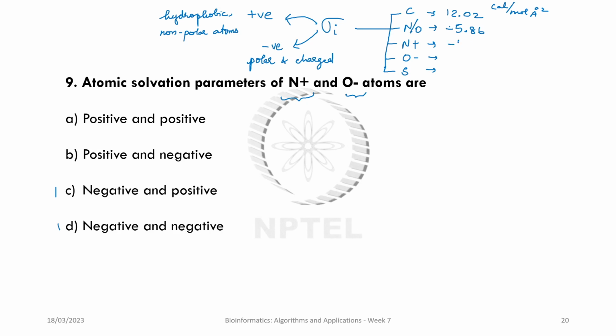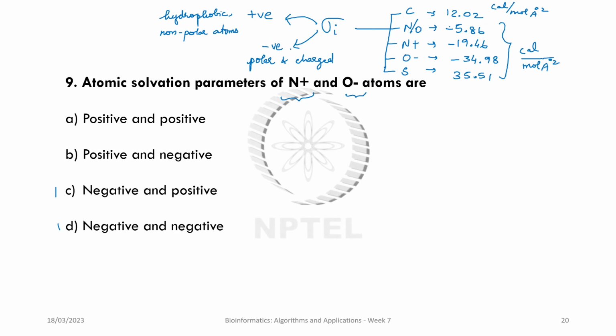For N plus it was minus 19.46. O minus is minus 34.98, and S is 35.51, and the units hold calories per mole Armstrong square.